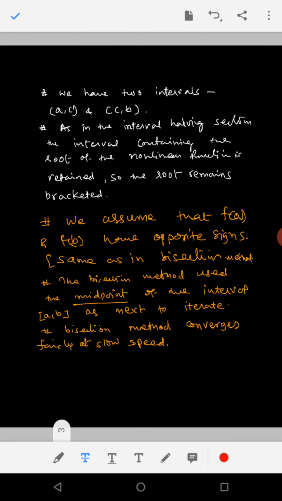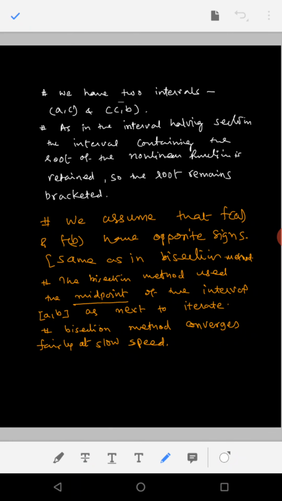As we have seen in the bisection method, here also we get two intervals, AC and CB, to iterate, and which one to choose we have to decide based on the signs of the function that we are evaluating. So we will see how this method works.